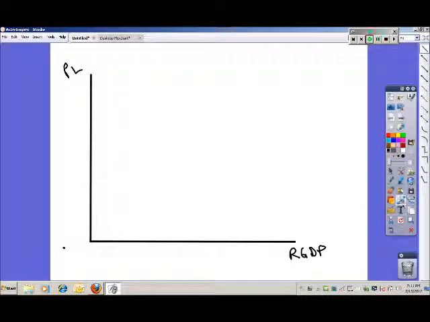I like to use a kind of hodgepodge of the different models that we learned about. Remember, we were talking about the Keynesian model, the two Keynesian models, and also the new classical model. So what I like to do is give you a little bit of everything mixed into one.